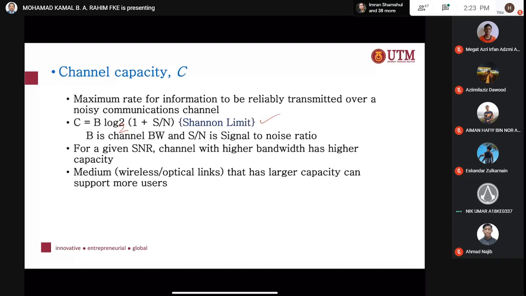So you can calculate the channel capacity using the Shannon limit. For a given SNR, a channel with higher bandwidth has higher capacity. If you increase the bandwidth, the channel capacity will also increase even though you fix the signal to noise ratio. A medium, wireless or optical link, that has larger capacity can support more users.